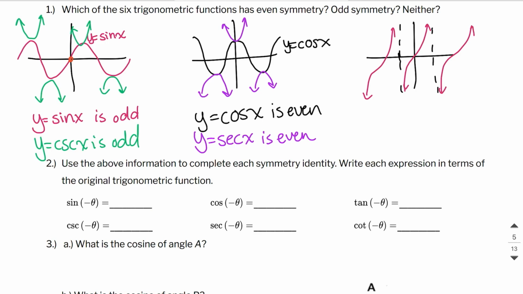So this is what tangent looks like. And if you look right here, if I take this piece right here and try to reflect it over the y-axis, it doesn't look the same, so it doesn't have even symmetry, but it does have rotational symmetry. If I flip it around and rotate it 180 degrees, it's reflected in the origin. So y equals tangent of x has odd symmetry.